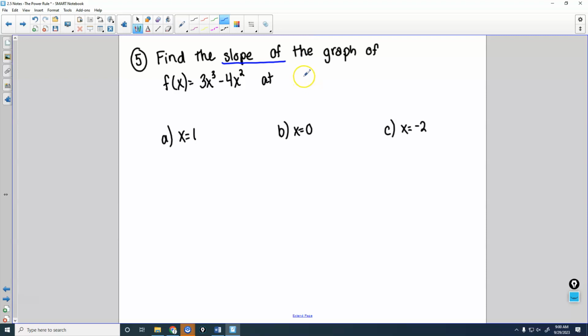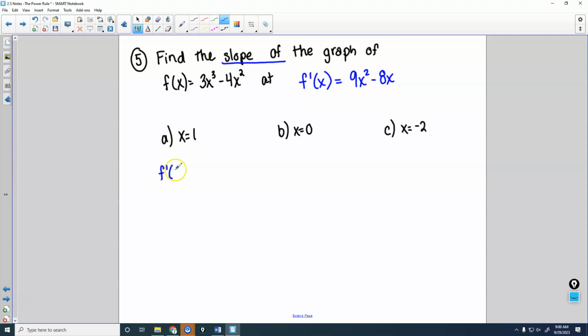So the first thing we would do is just find our derivative here. So we find f prime of x. Smith, what would f prime of x be for this particular problem? Perfect. Okay. And then once I have this, if I want to know the slope at a specific point, rather than having to do that top limit definition, I can just plug the number into my derivative.